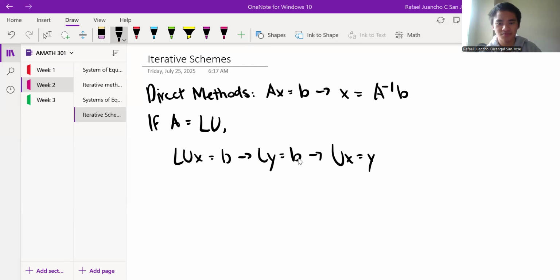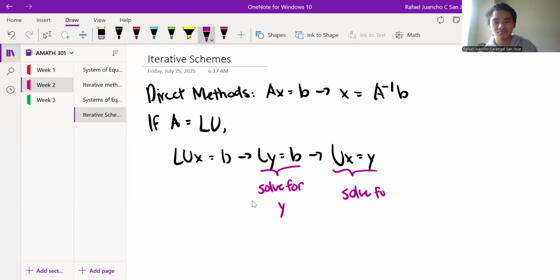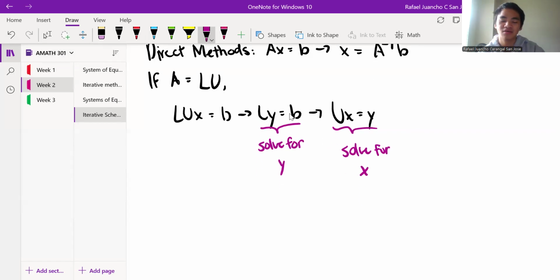And so now we have a coupled system, these two. And basically for here, what do we do? Well, we solve for Y here. And here we solve for X. And why do we do this? Because this takes O of N squared.